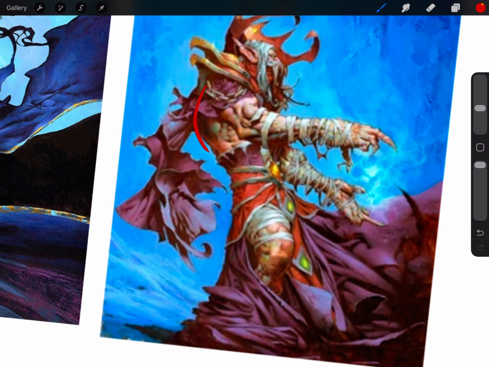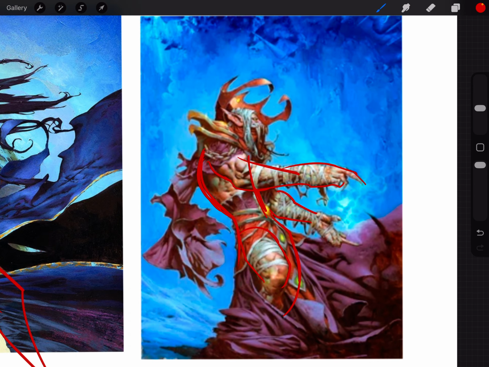And again, we could do the same thing over here. We have this very arched back and this, I would imagine, would be a very straight chest, right? We can start to see how he's able to organize these different forms, right?